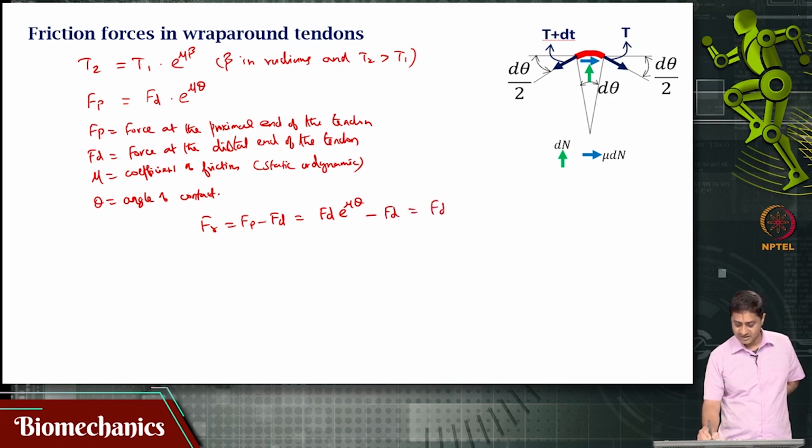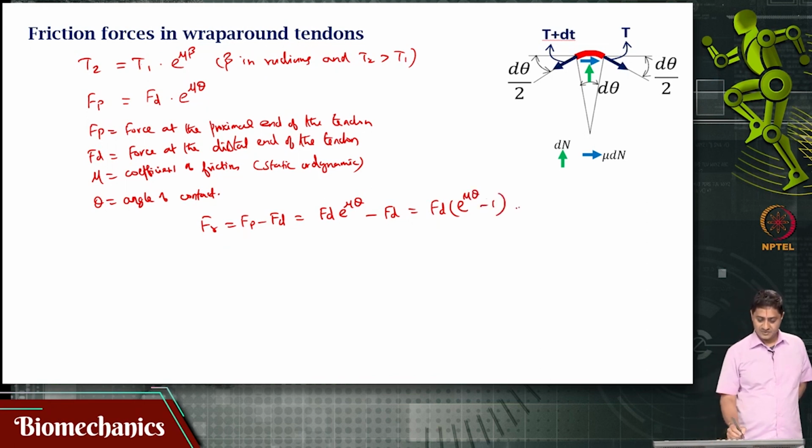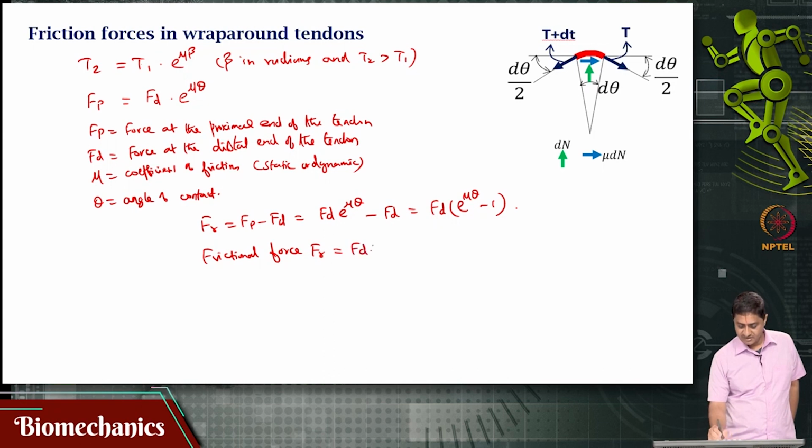That would give me Fd times e power mu theta minus 1. Okay. So, the frictional force Fr is Fd times e power mu theta minus 1.